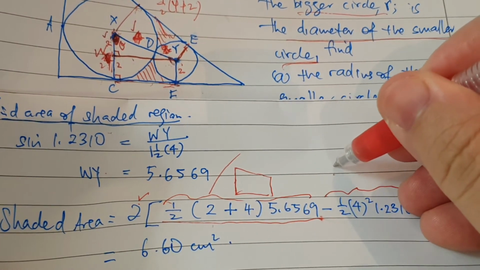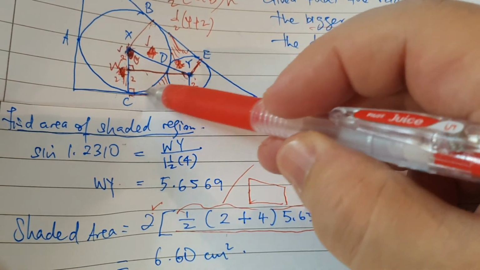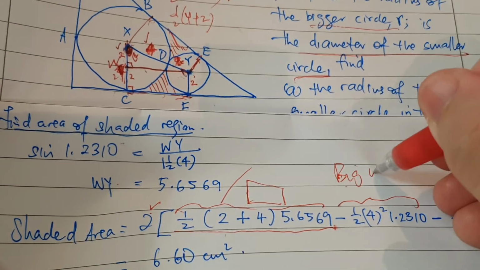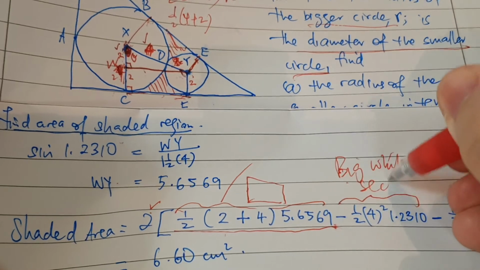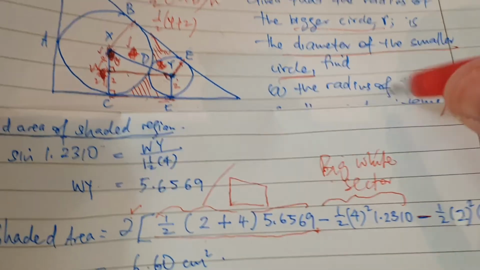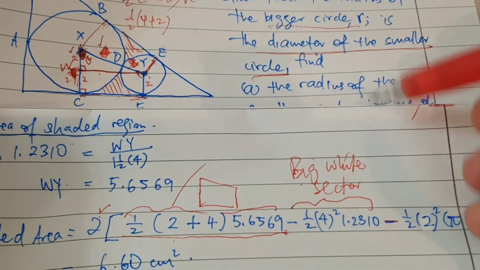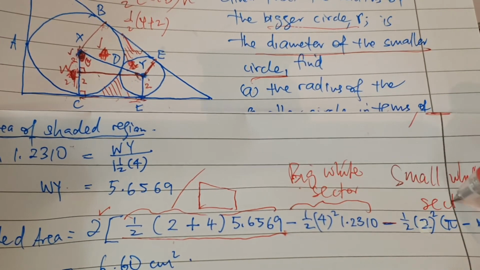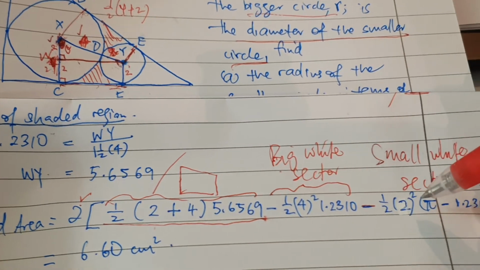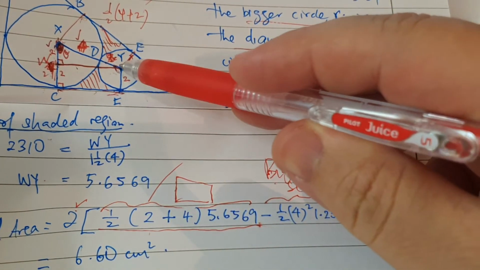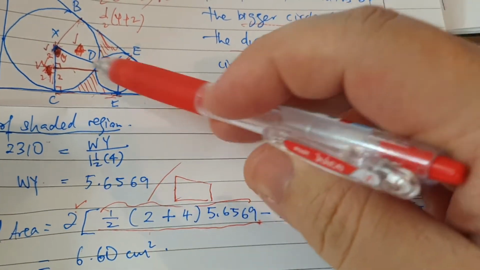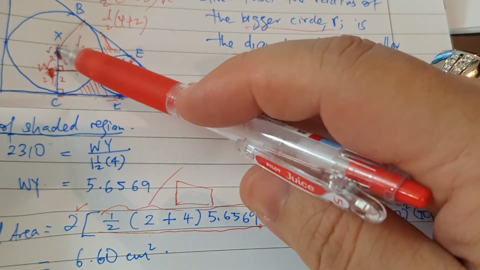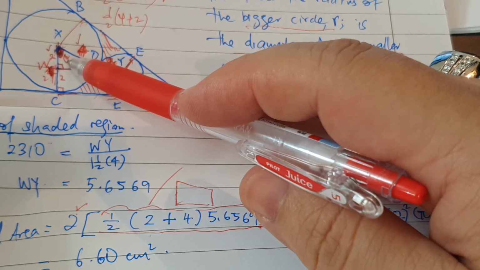This is the half r squared theta. That means the big white sector. Okay? Then minus the small white sector. Okay? And that's half r squared, theta. So r squared. Then this theta, I told you already is 180 minus this, but you cannot use 180 because these are all radians. So you take 2 pi, which is 180.